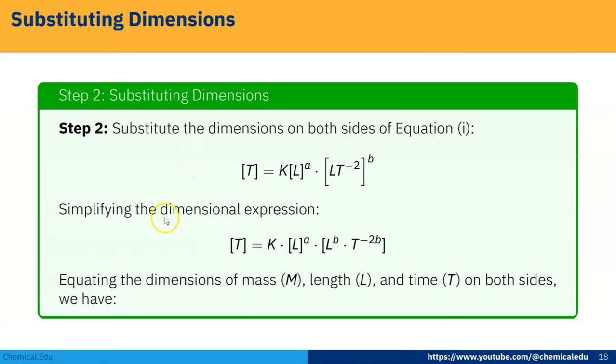Now here, the power of L on the left side is 0, there is nothing there. So we can write M to the power 0, L to the power 0, T to the power 1, equals k L to the power a plus b and T to the power minus 2b.